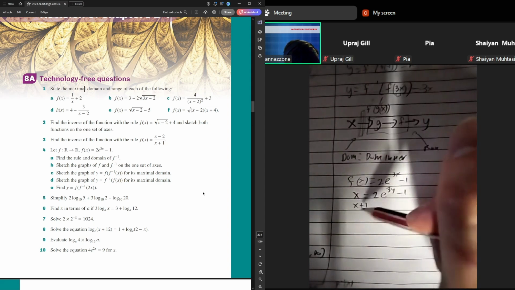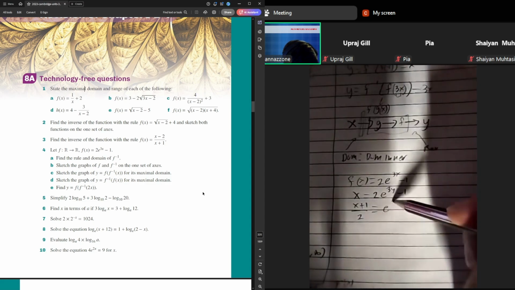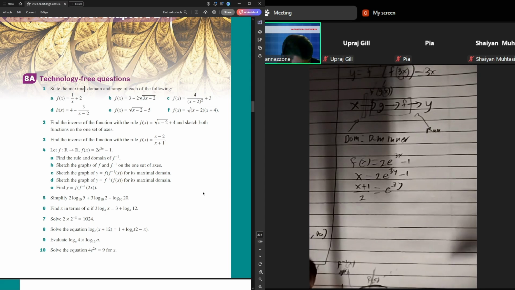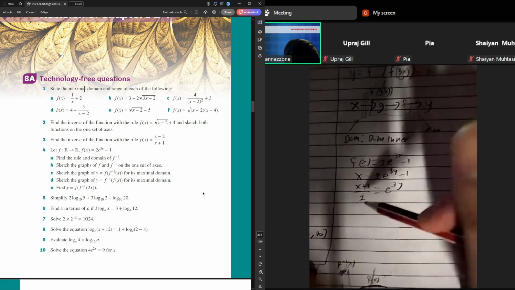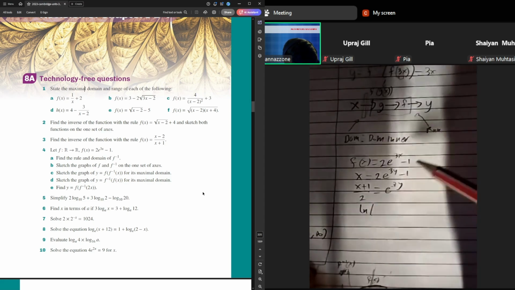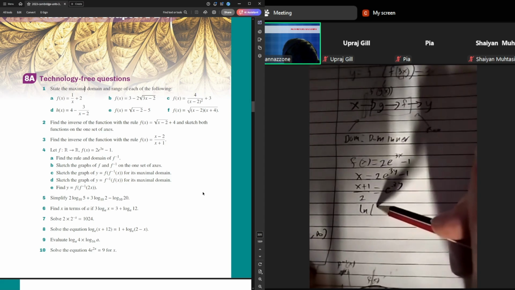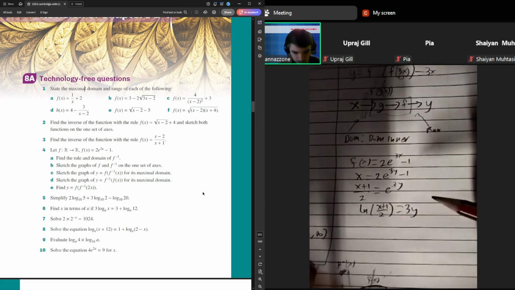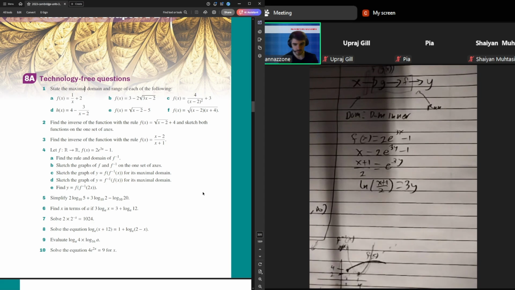It's going to give you (x plus 1) all over 2 equals e to the 3y, and then converting to a logarithm is what you would have to do here, which means you're going to have a base of e, so natural log. Whatever's here goes inside the brackets, and then whatever the power is comes out here. If it's been a while since you've done logarithms, that is just a stock standard swapping of the terms.